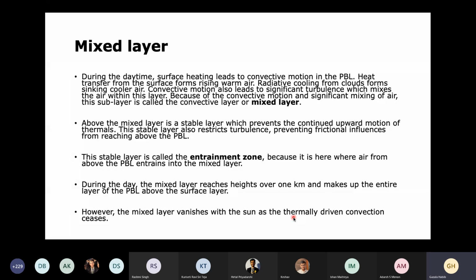But in order to have the knowledge of what the different layers are that have been defined based on their motion, convective motion, or the layer which is very stable, the first layer near the ground is stable.